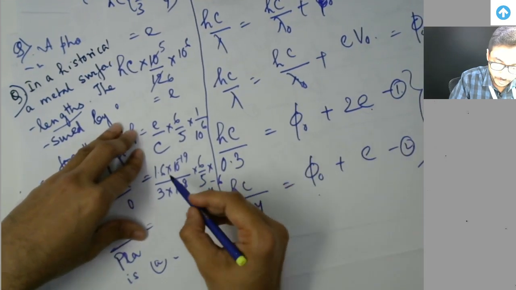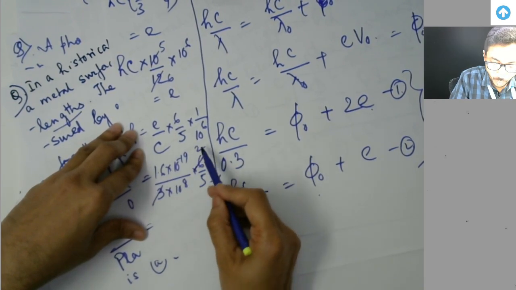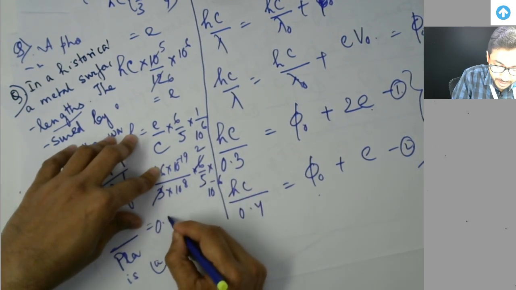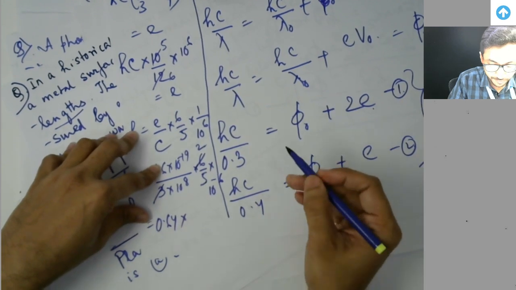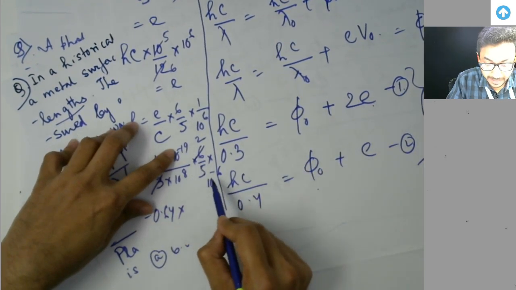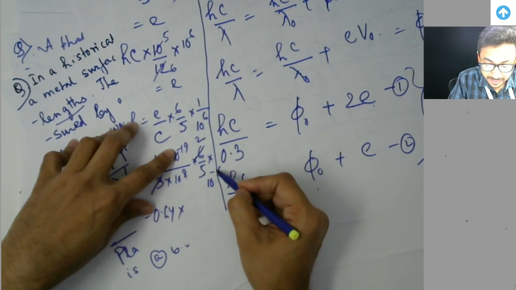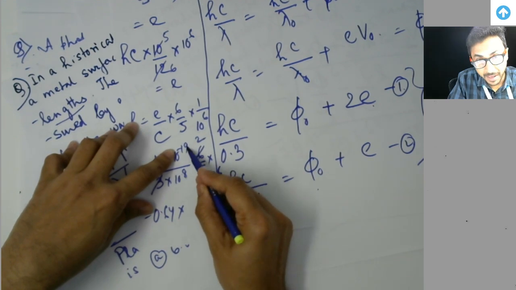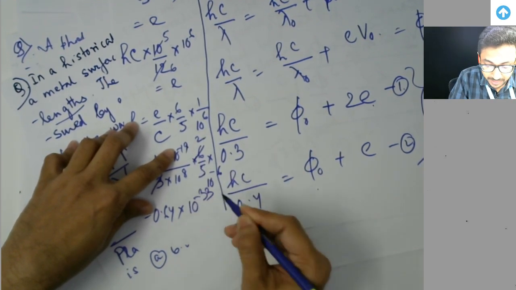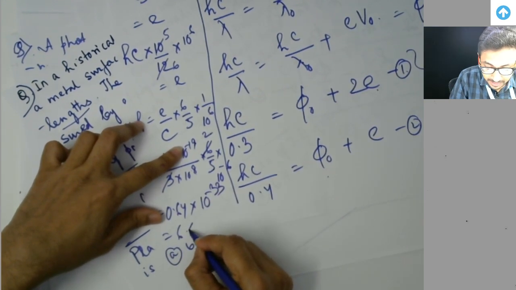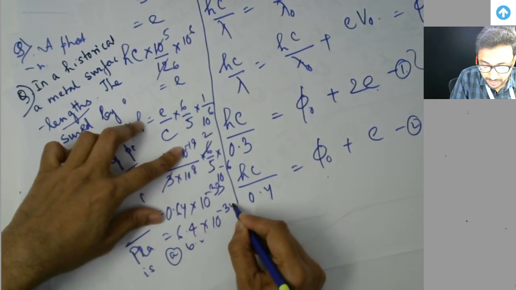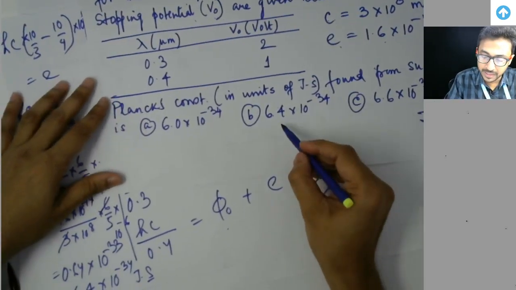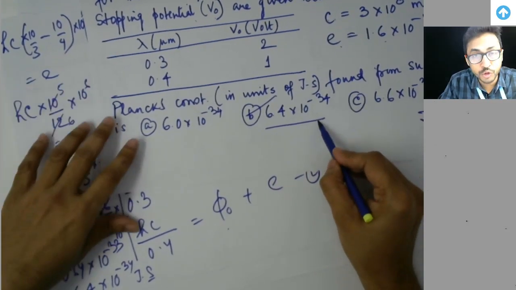If you calculate now, this 3, this becomes 2, 1.6 into 2, that is 3.2. 3.2 divided by 5 is 0.64. 0.64 into 10 to the power minus 19, divided by 10 to the power 8 into 10 to the power minus 6, that is 10 to the power minus 25, minus 8, 10 to the power of minus 33. So it becomes 6.4 into 10 to the power minus 34 joule second. So the answer will be 6.4 into 10 to the power minus 34 joule second.